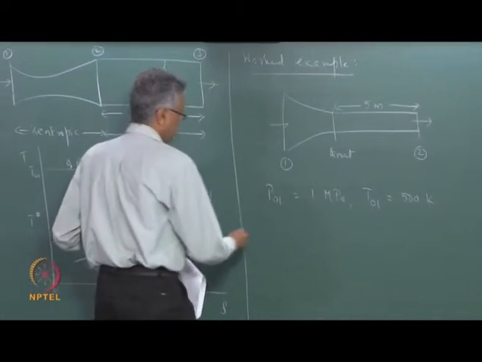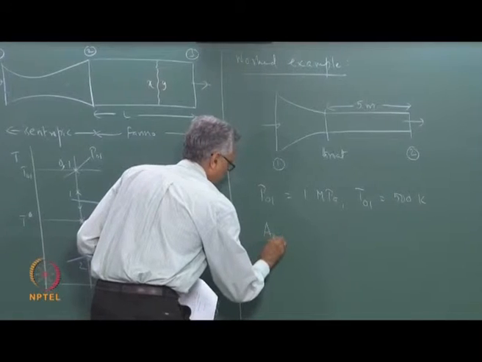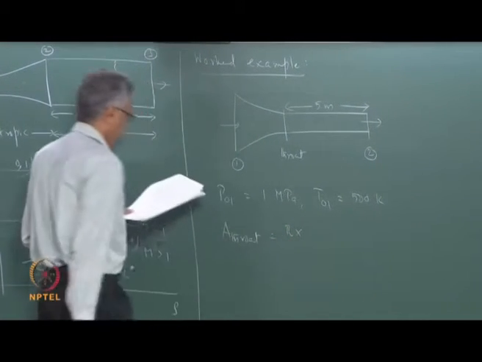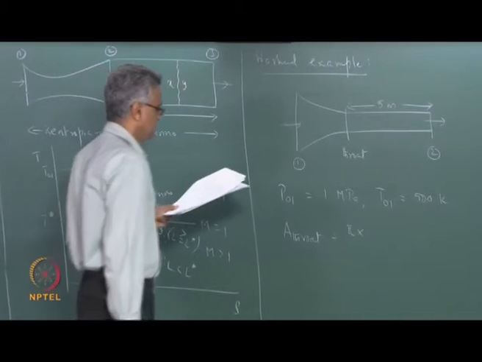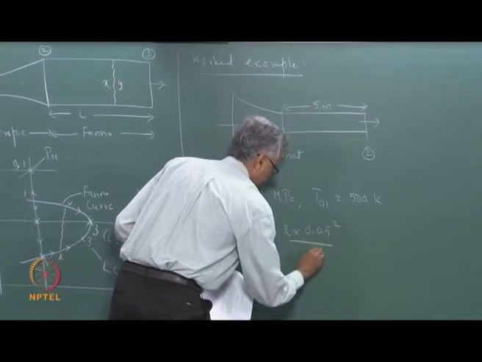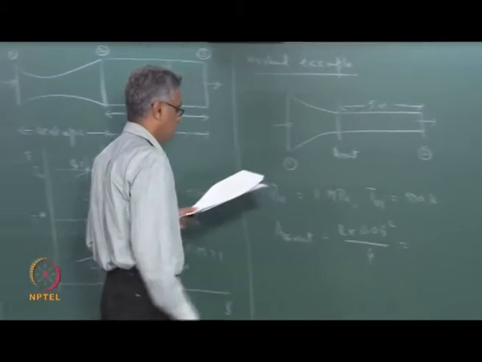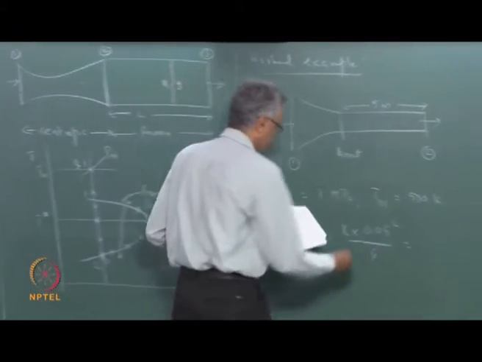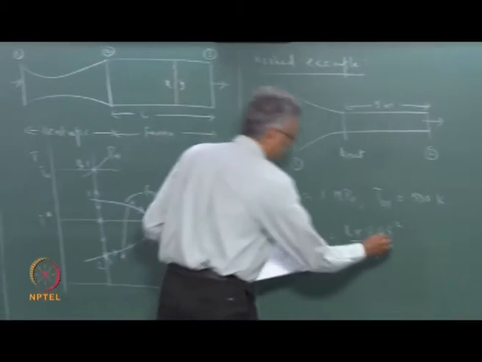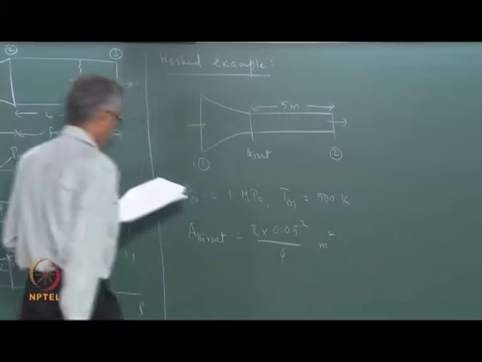The diameter of the pipe is also given. So, area of the throat is pi times the diameter of the pipe, which is 0.05 meters, squared over 4. So, that is also known. So, this is the area of the throat in meter square.